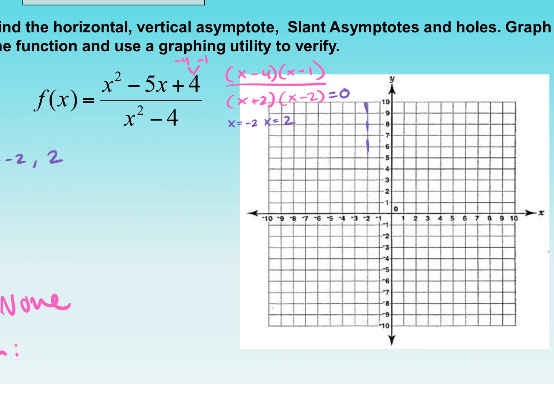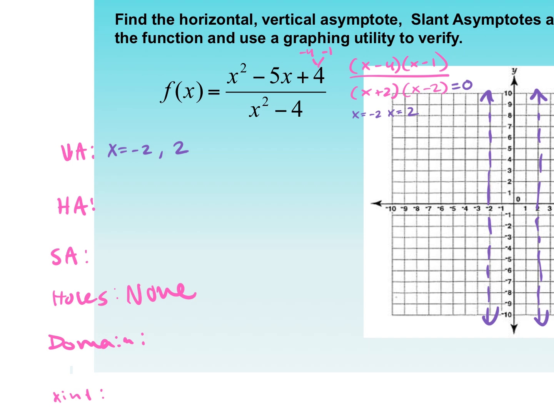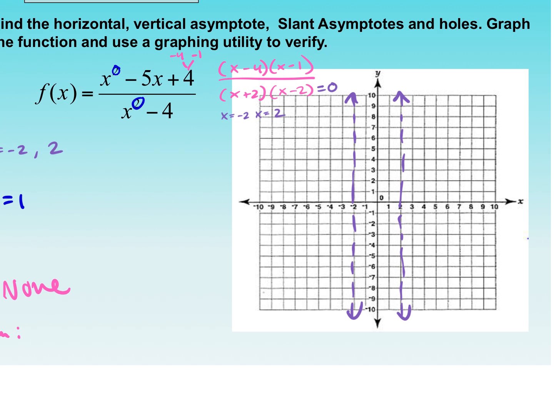So I'm going to put a vertical asymptote through -2 and +2. What would our horizontal asymptote be here? Y equals 1. Awesome. Our numerator and denominator have the same degrees, so we look at the coefficient, so y equals 1.